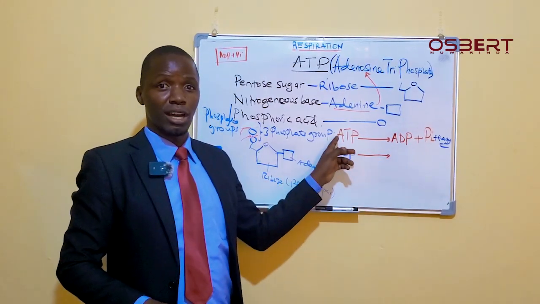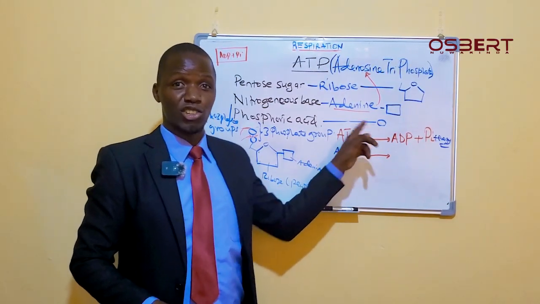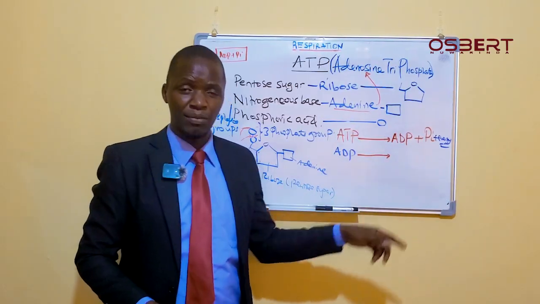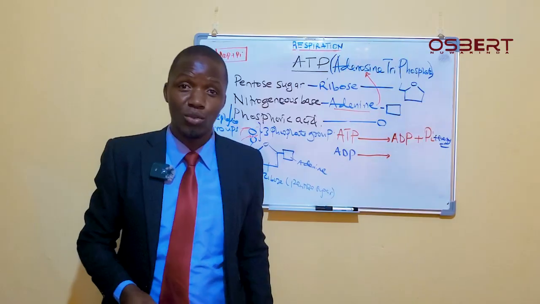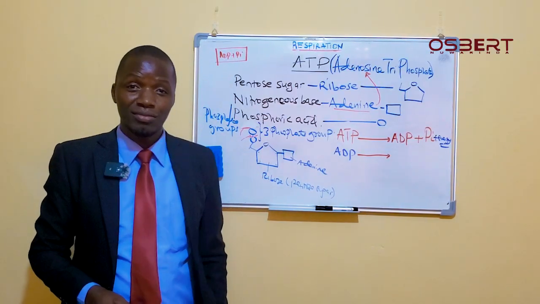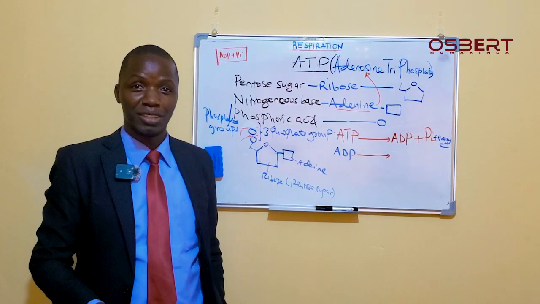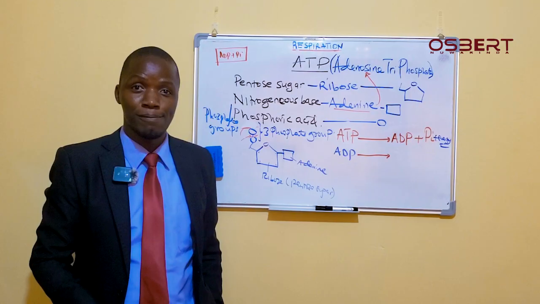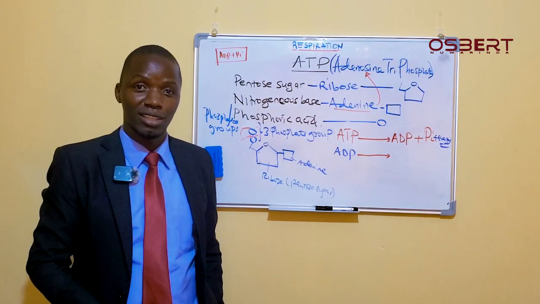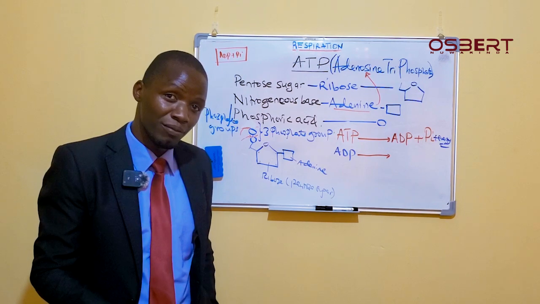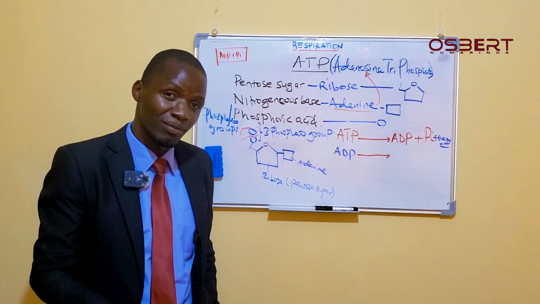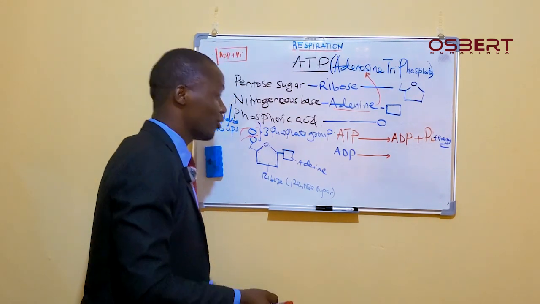It moved from adenosine tri to adenosine di. Now I'm asking, assume the ADP is broken down. What shall we form? Guess with me.